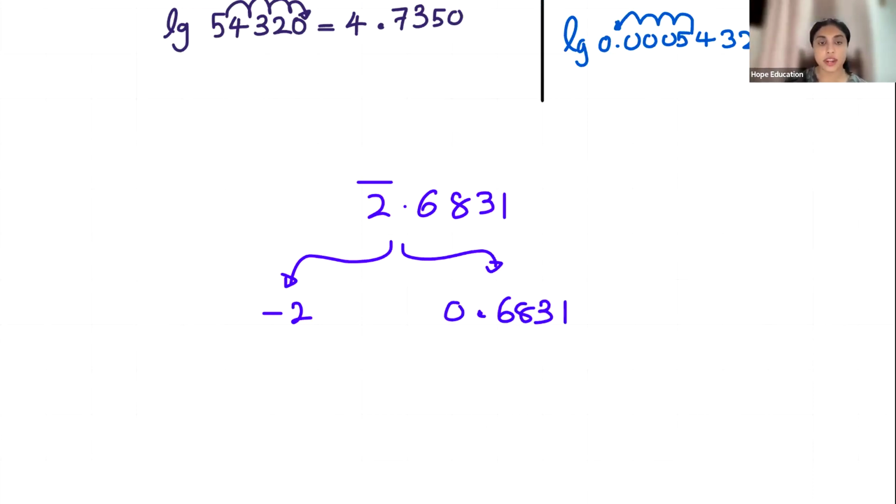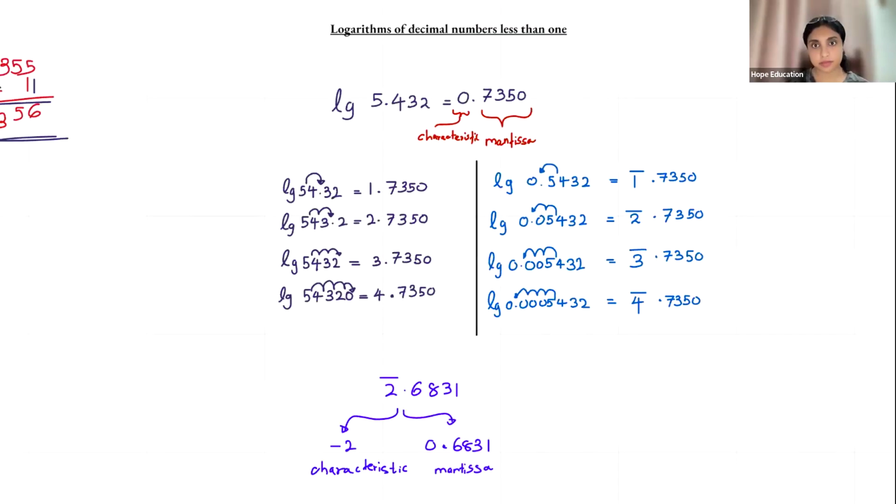So this is the characteristic, and this is the mantissa. Up to this point, everything is clear before we start writing. All good?